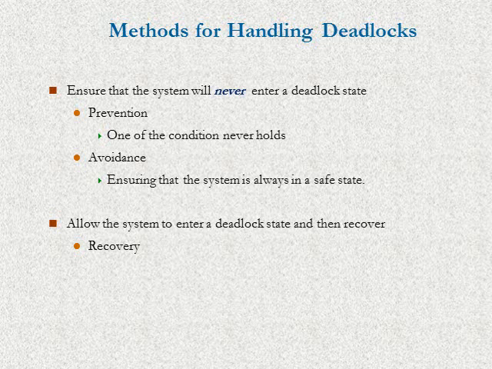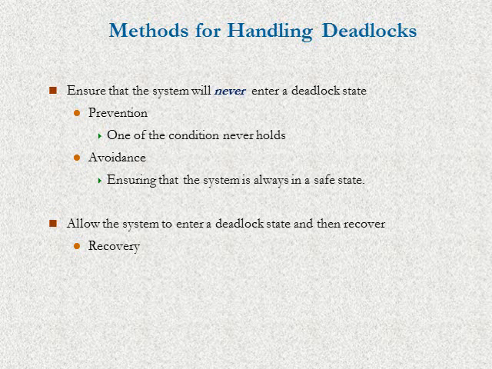Prevention means that, of all the four conditions that we discussed earlier that are necessary for a deadlock to occur in a system, we ensure that at least one of those conditions never holds in a system. So we prevent the deadlock altogether.